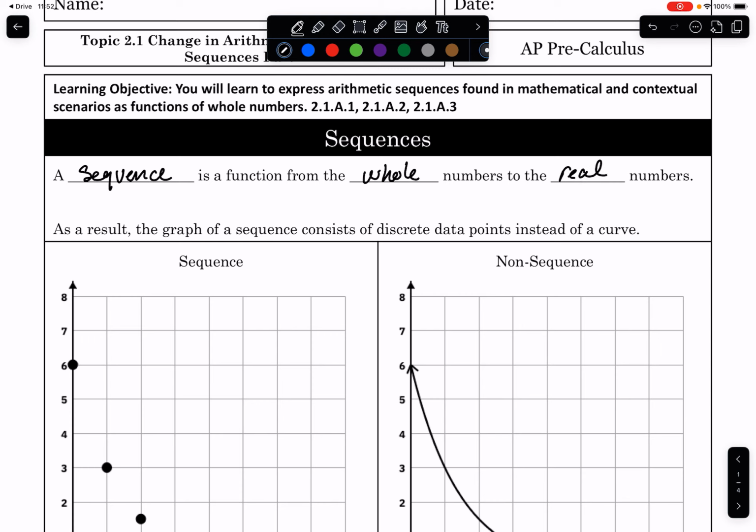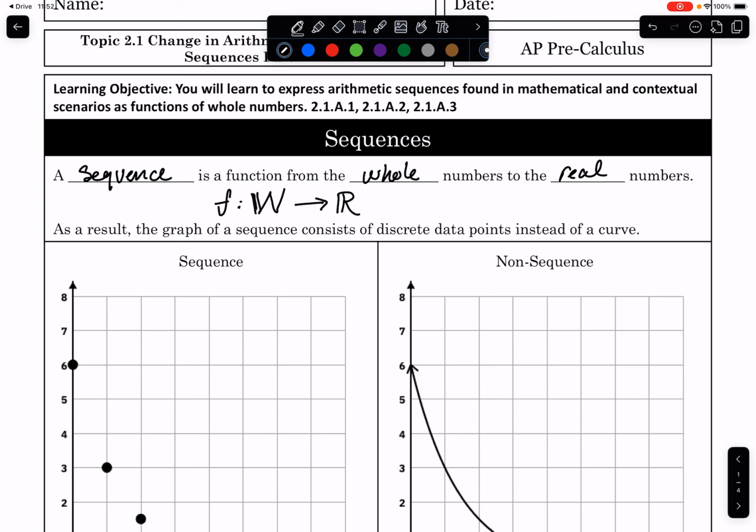So a sequence is another example of a function, where we have a function that's going to go from our whole numbers, and it's going to go to the set of real numbers.